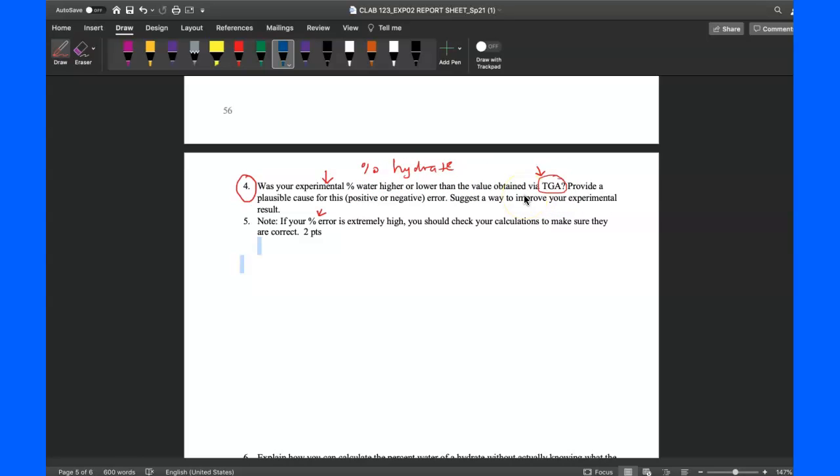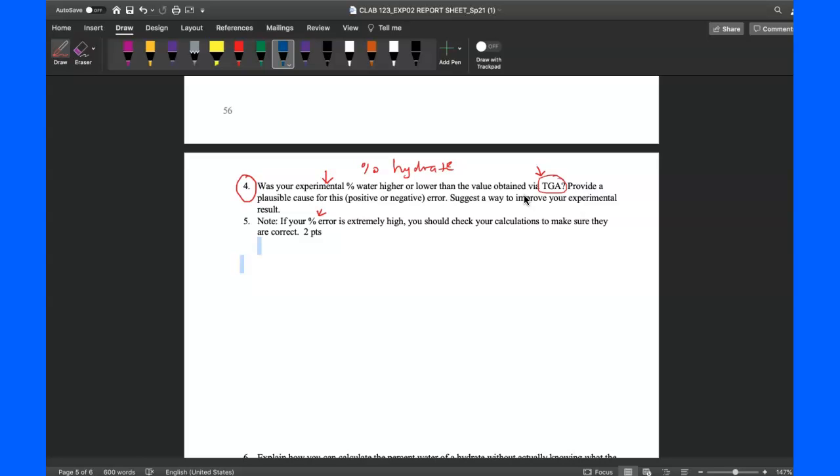No, it's simple. If your percentage is high, it means you probably weighed your sample wrongly, or you did your math wrongly, so you got a higher number of water lost. That's how you get a high percentage.